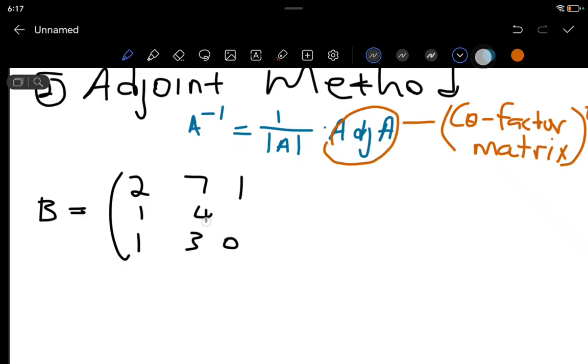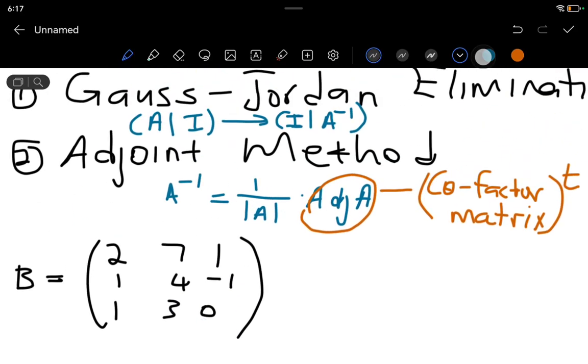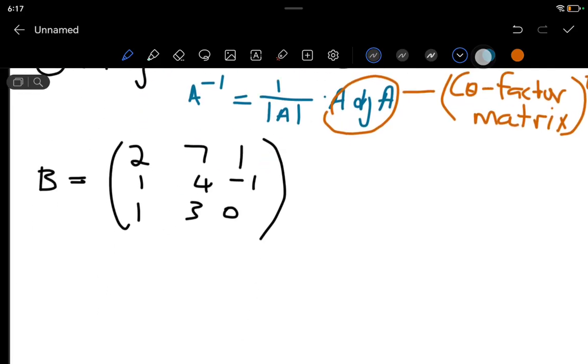So we have this matrix. Now we must find the inverse using Gauss-Jordan elimination. So first, by Gauss-Jordan elimination.